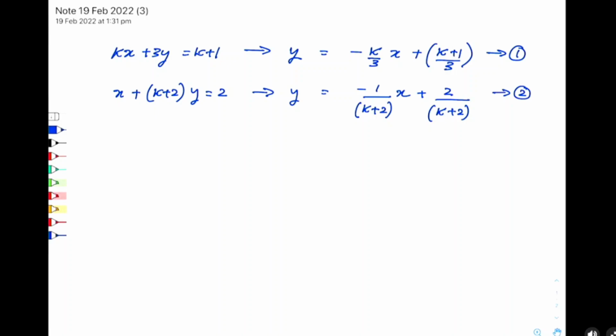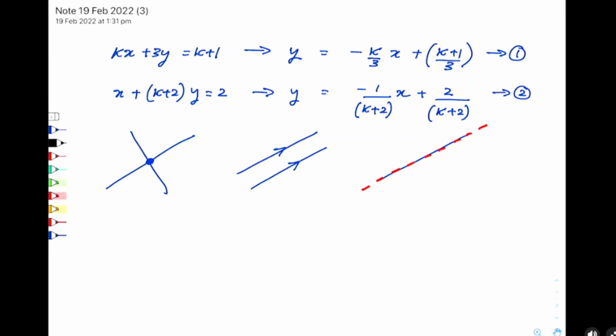So infinitely many solutions. You know, you have three categories here. Unique solution means they intersect at one point. No solution means they are parallel. Infinitely many solutions means they should be on top of each other, infinitely cutting each other, right?